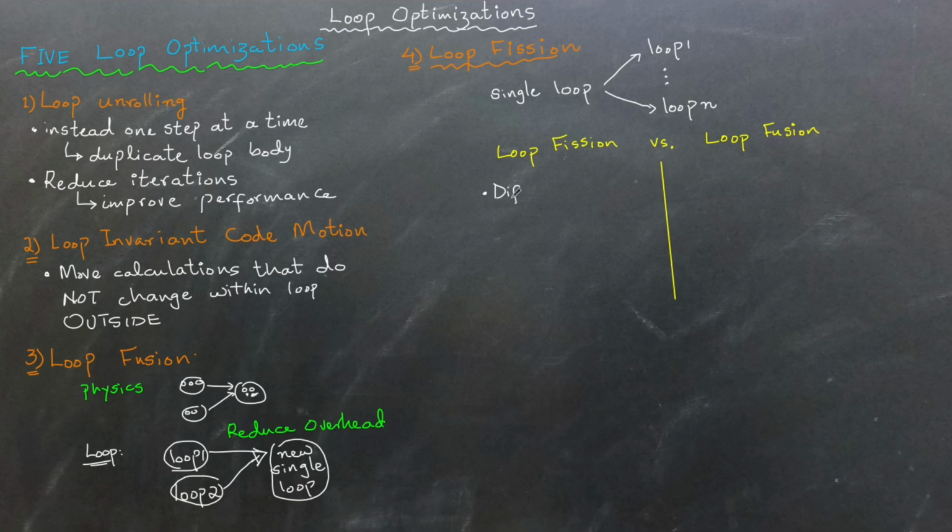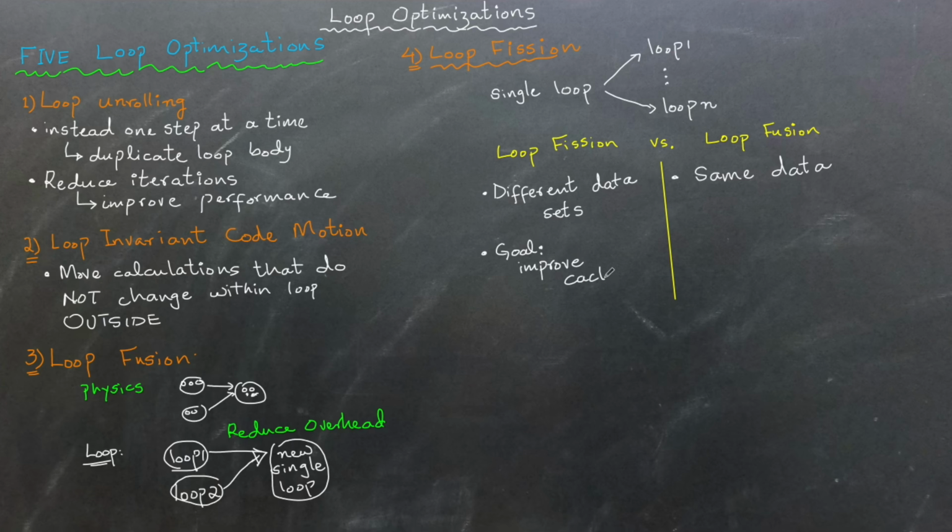Fusion is useful when combining independent loops working on the same datasets, while fission is beneficial when a loop operates on different datasets that can be handled more efficiently separately.